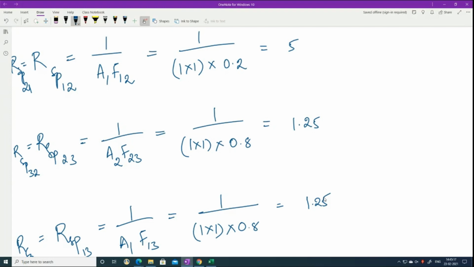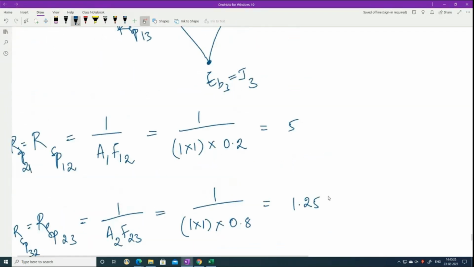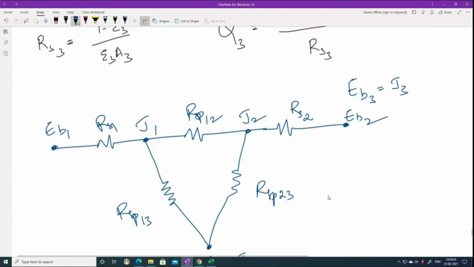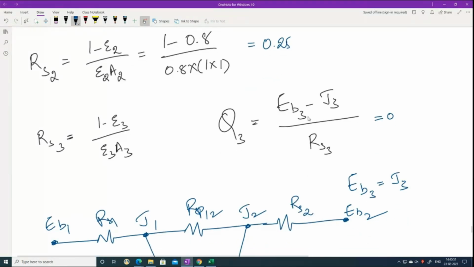Here I must tell you one thing: what is the unit of this resistance? I did not discuss that. It is Kelvin meter square per watt. Say what is the unit on the numerator side and what is the unit on the denominator side.